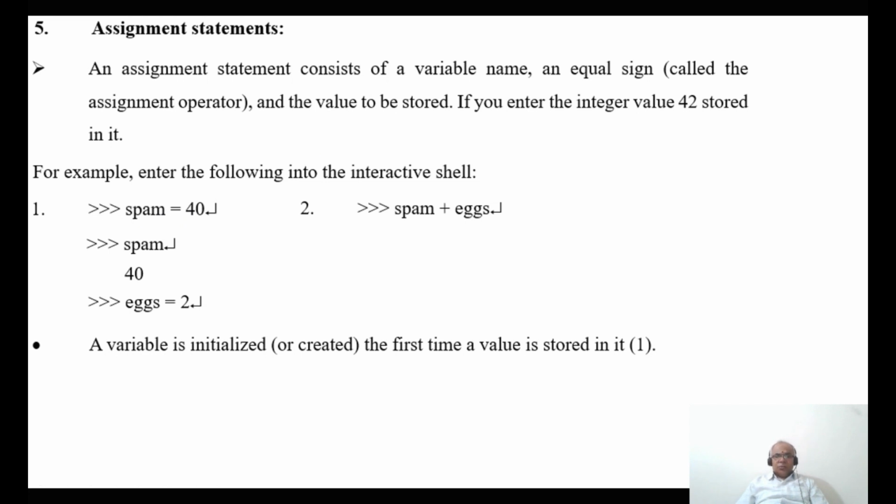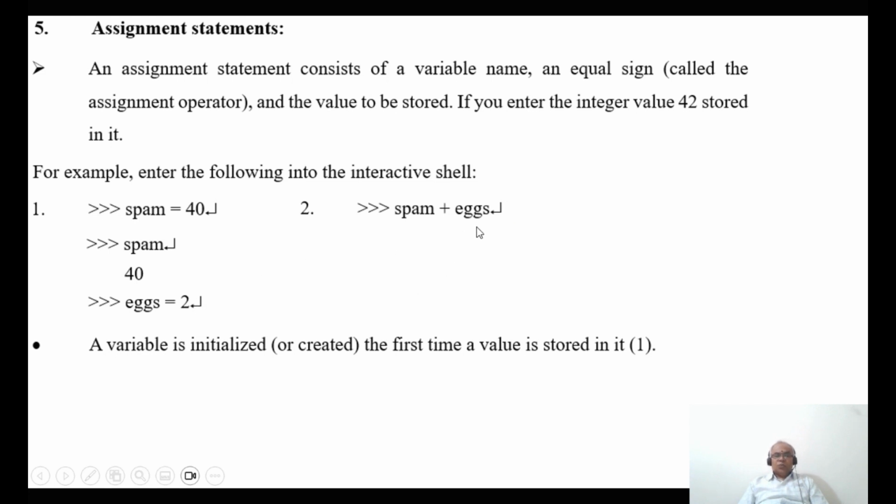Then if I want to use it in an expression, that means if I want to add the variables spam and x together, I will take the variable spam plus the variable x. The spam value we have assigned is 40 and the x value we have assigned is 2.